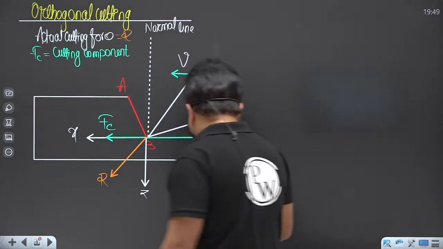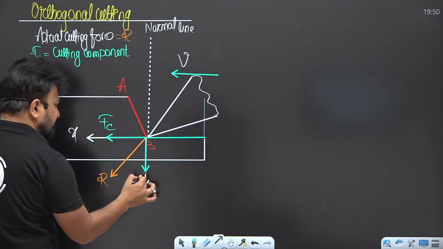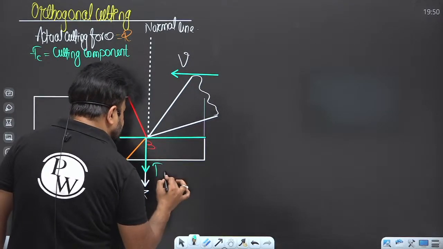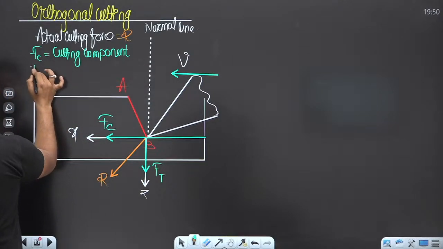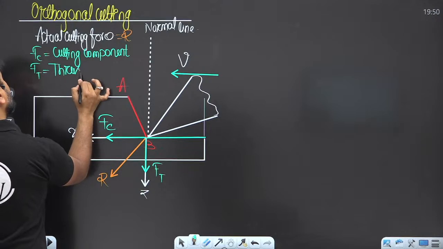Now, if you take the component of R normal to the velocity, then this component is the thrust component, FT.